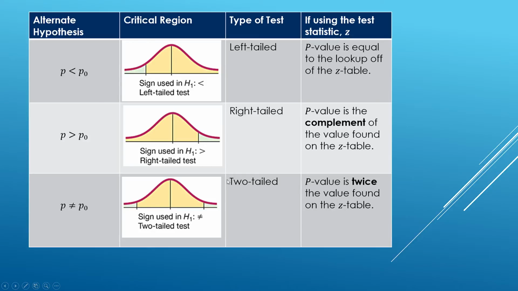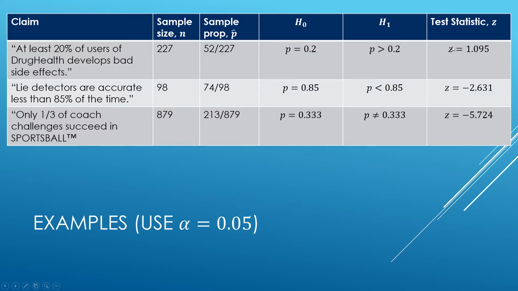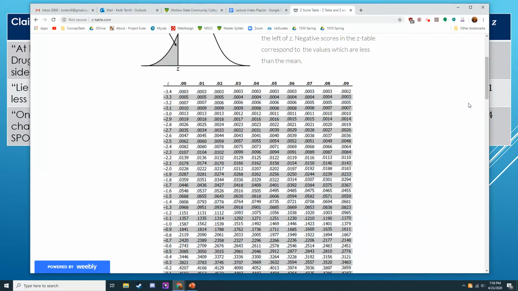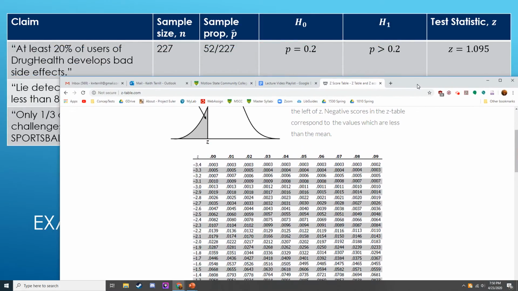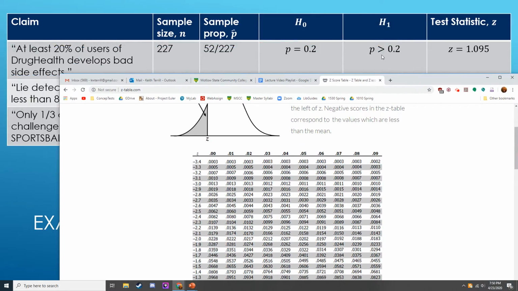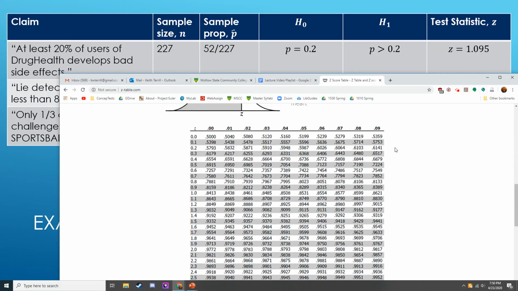But anyway, let's return to the question, what do we do? Well, I've got some test statistics, so let me pull up my table, and let's see here. For this first one, we had the alternate hypothesis of p greater than 0.2, so I want that right-hand region, and my test statistic was z equal to 1.095.